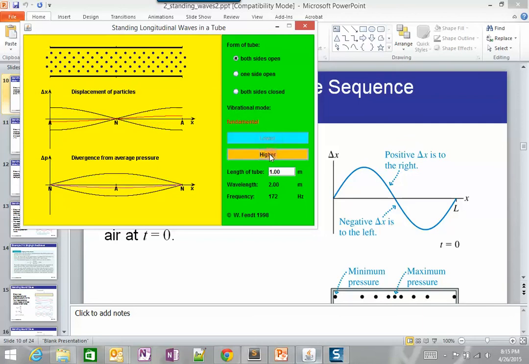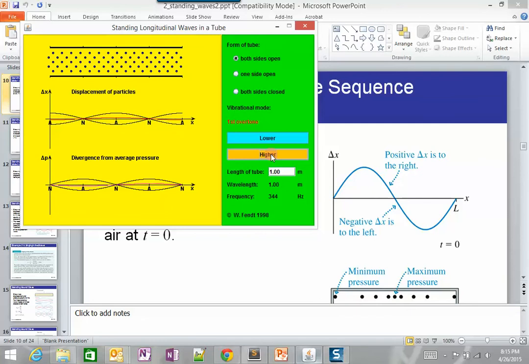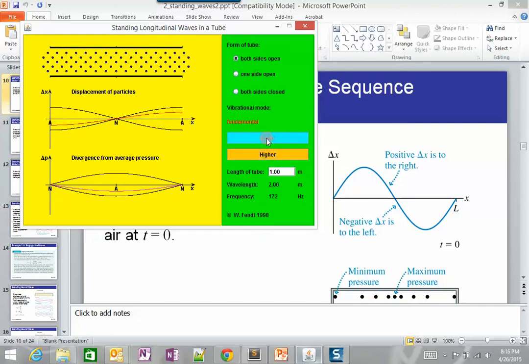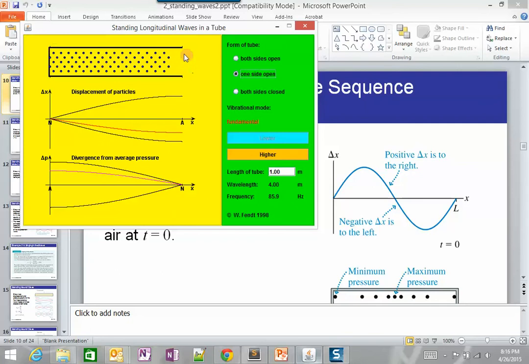Now let's show some higher modes: a second, a third. Now let's change the configuration. Now we have one side closed and one open, so we have a node here all the time, and this is the fundamental.